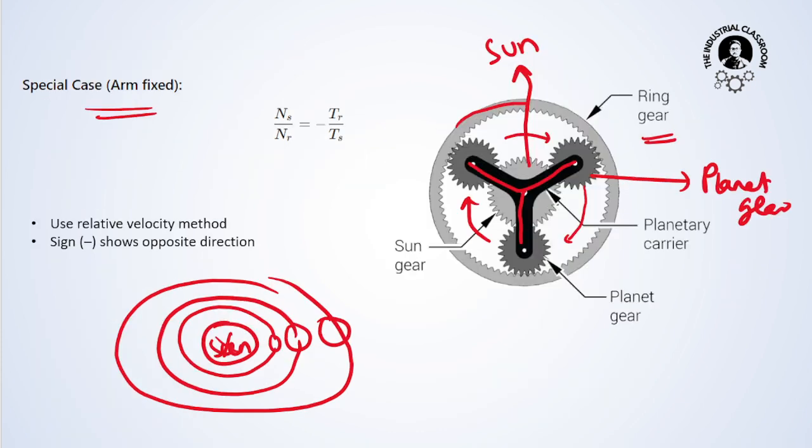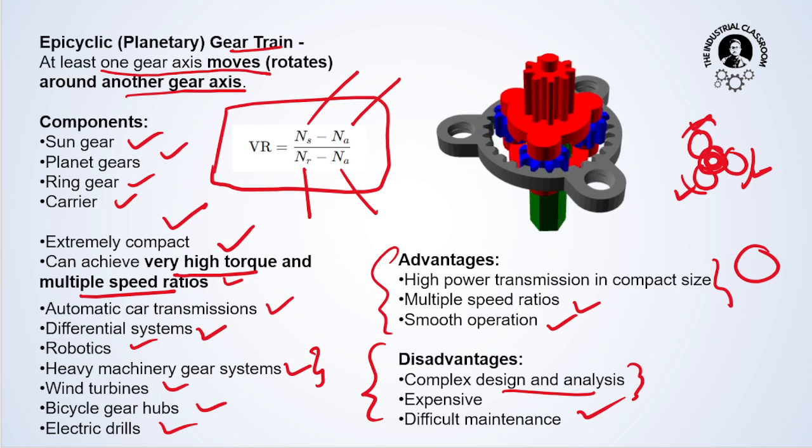And in case the arm is fixed, there are three options here. First, which one is running? If the sun gear is running, then we think the ring gear is fixed, because all three cannot rotate in all directions. If the sun is running, the planets are running with it, but the ring gear is fixed. This is the image where the ring gear is fixed.